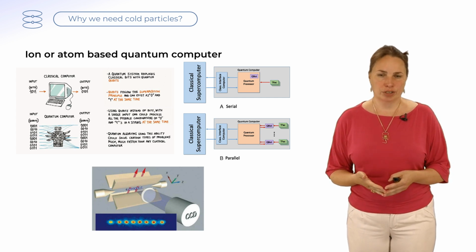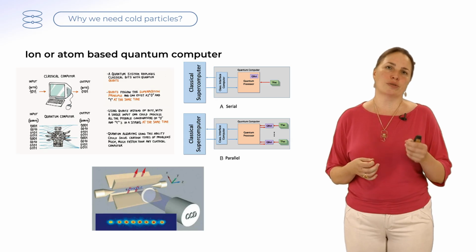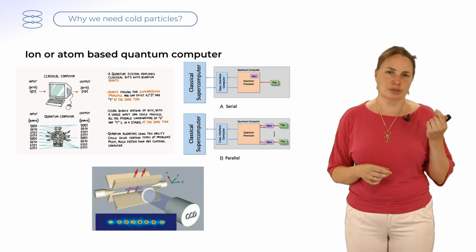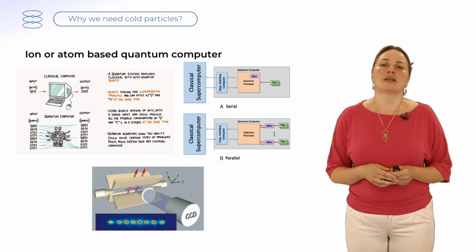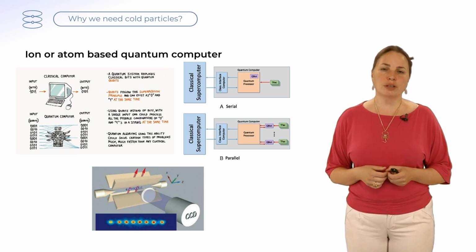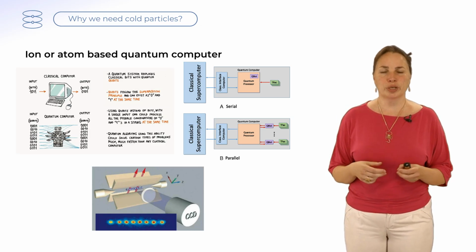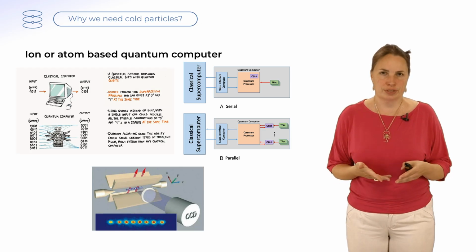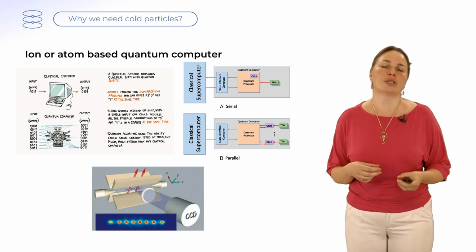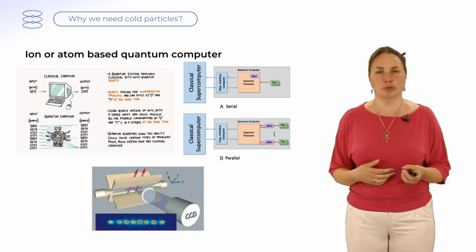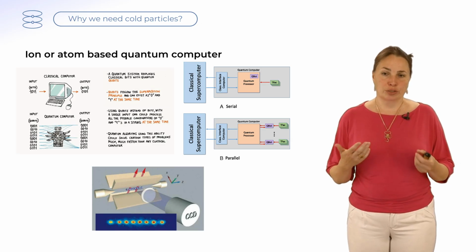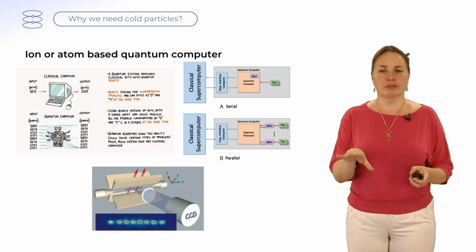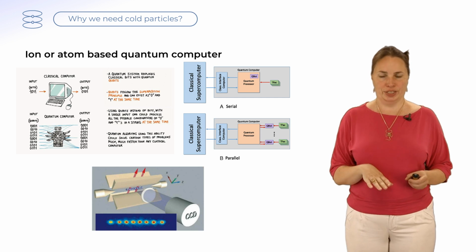In the regular computer, we just use zeros and ones, like 2 bits, to encode the information, and in the quantum computer we use so-called qubits, when we encode the information in the state of quantum particles. And of course we can do it only if we have very well-defined quantum particles.